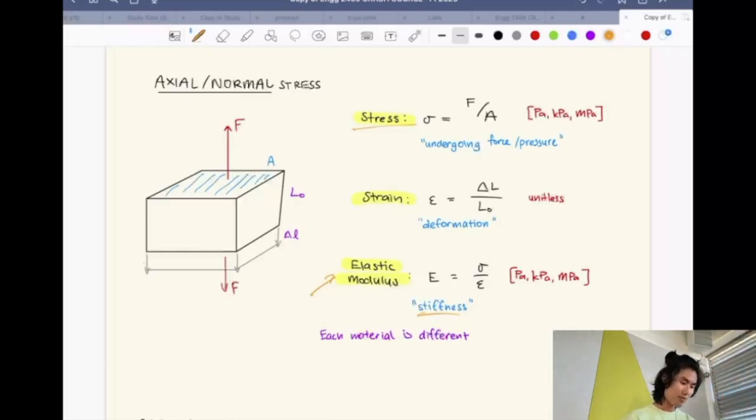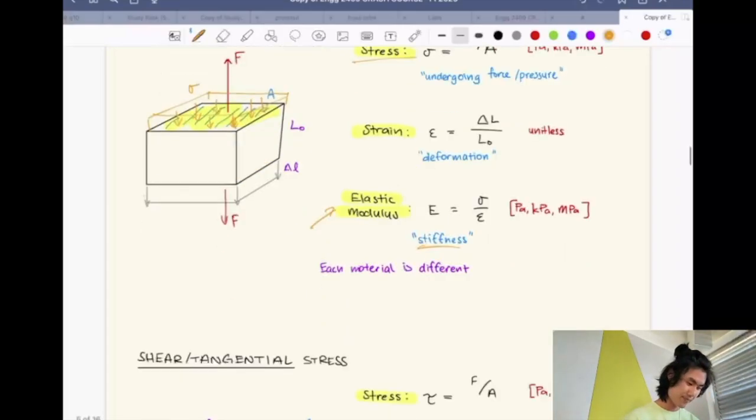So this area over here, the stress will be that force spread along that area. It will kind of look more like this, where it's all over the shop, and all of that is your stress, pretty much.